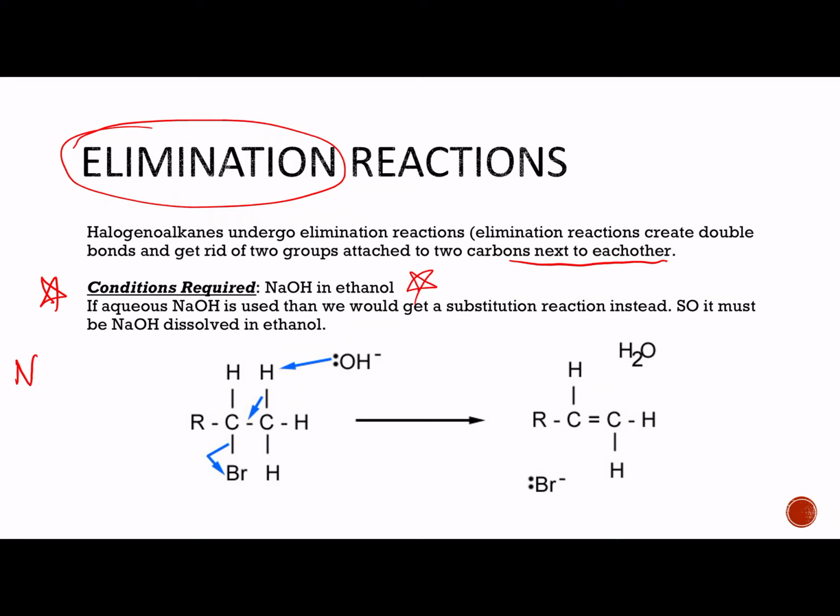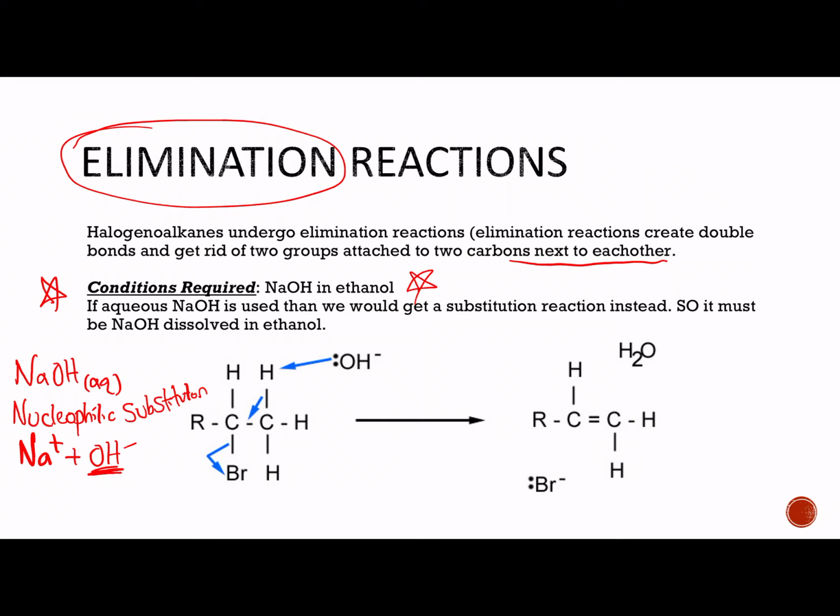If I have NaOH, aq, aq means that I have it in water. And what happens is a nucleophilic substitution. The reason for this is because in water you can have your Na+ and your OH- ions separated due to ionization.